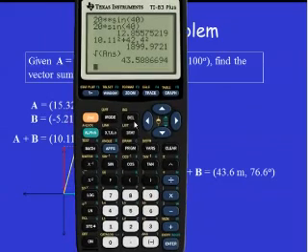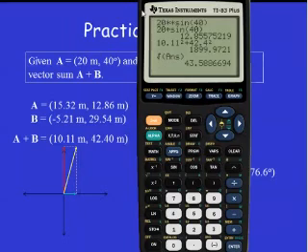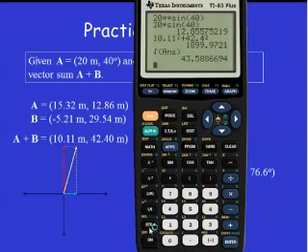Now, how do we get that 76.6 degrees? Well, that's inverse tangent of the y over the x. So, the absolute value of that. So we have inverse tangent.